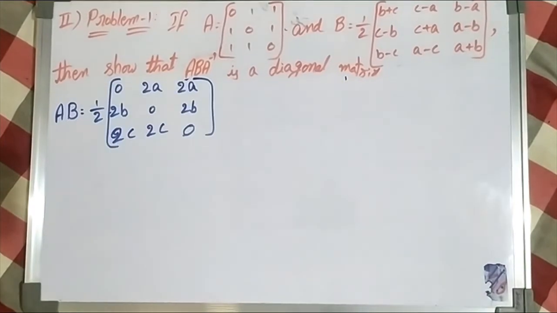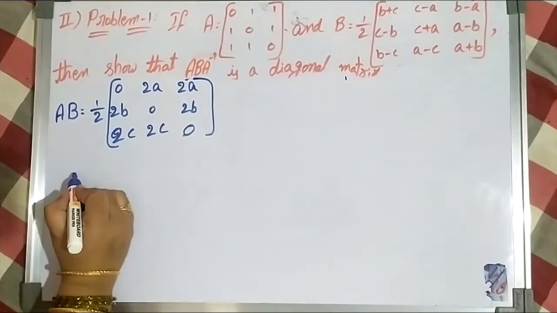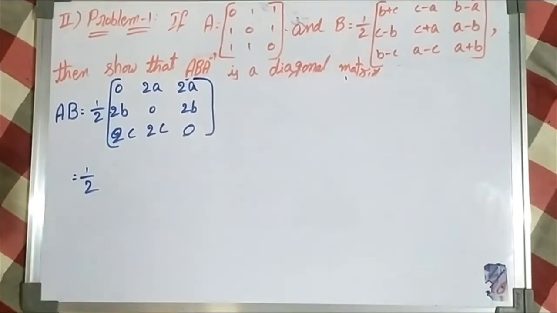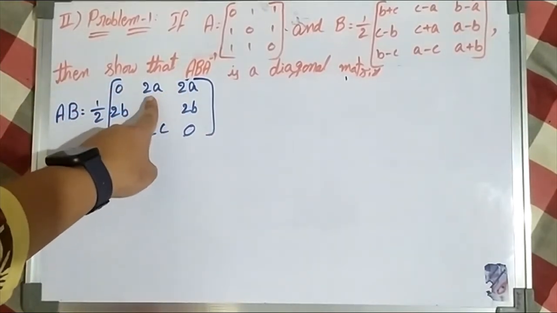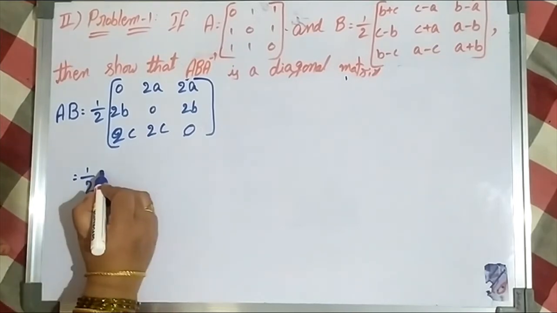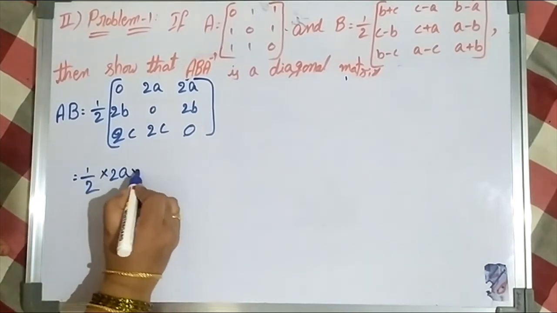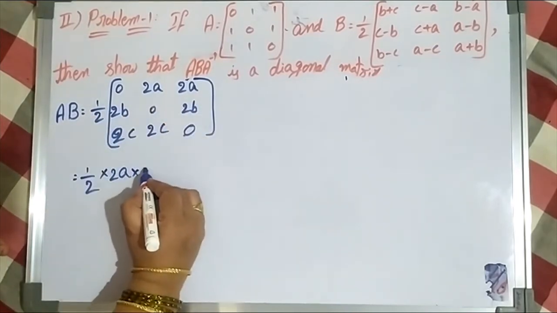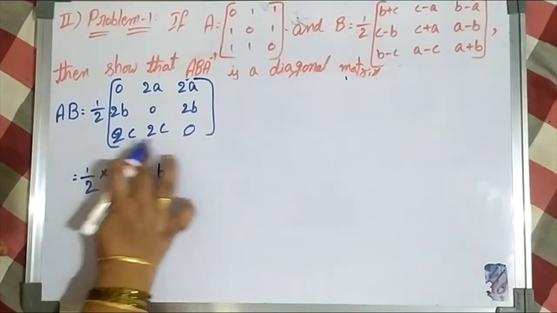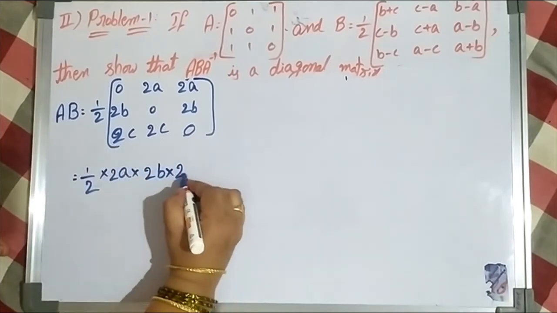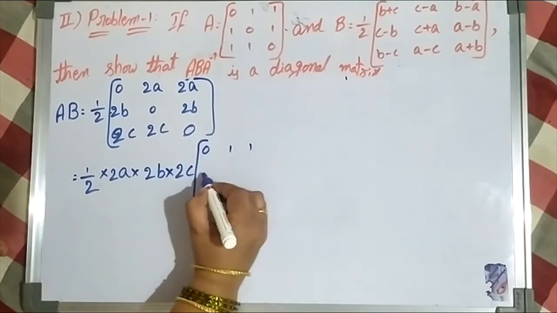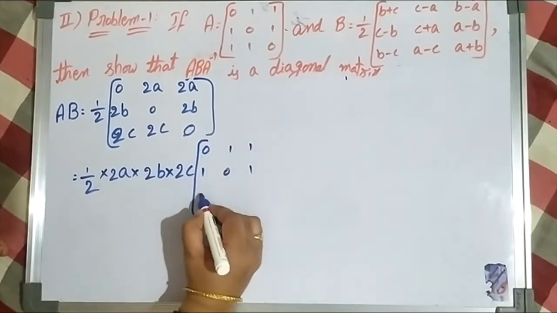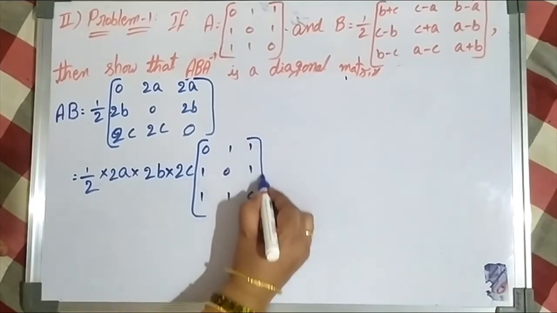Then this is the AB value, equal to half into, from the first row we take the common 2A, in the second row we take the common 2B. Similarly, in the third row we take the common 2C. Then the remaining matrix is 0, 1, 1, 1, 0, 1, 1, 1, 0.